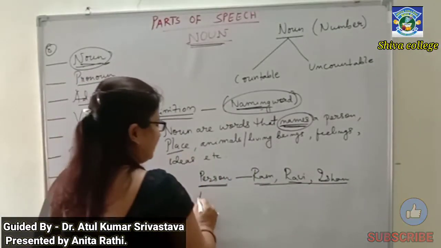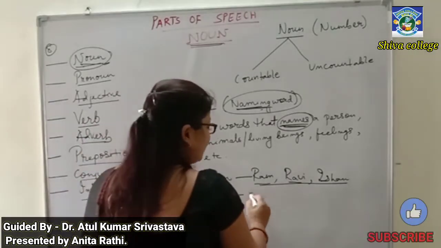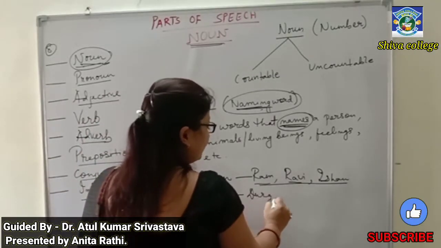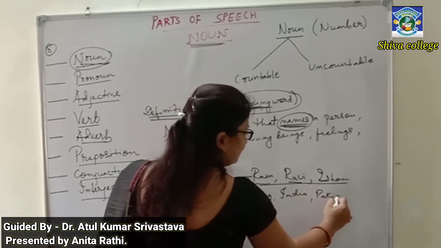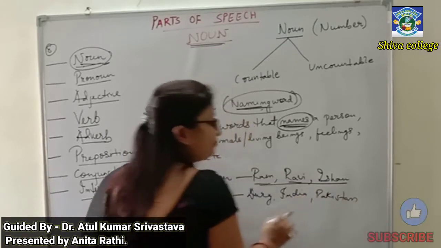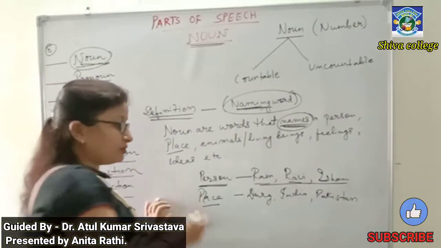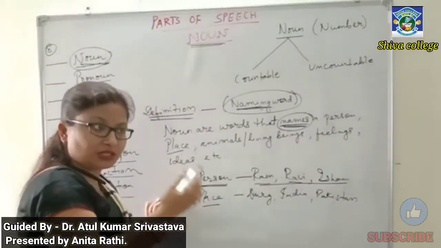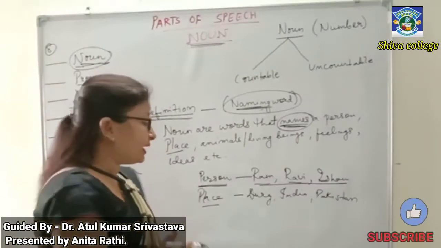Next is place. Name of a place, it can be Durg, it can be India, it can be Pakistan, it can be any place. We are talking about names of a place, not only the state or country. All the states, all the districts, all the sub-districts, country, any name of a place you can take.